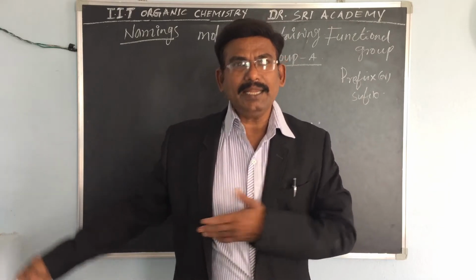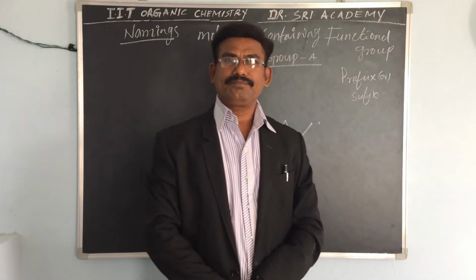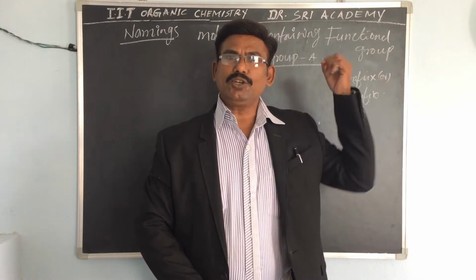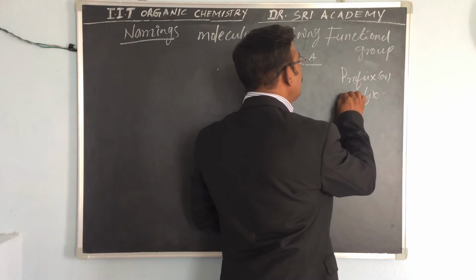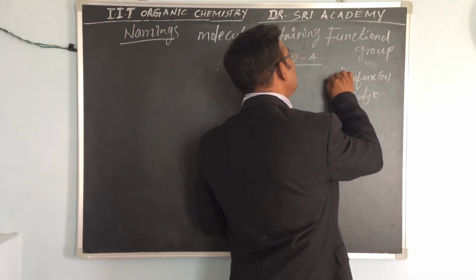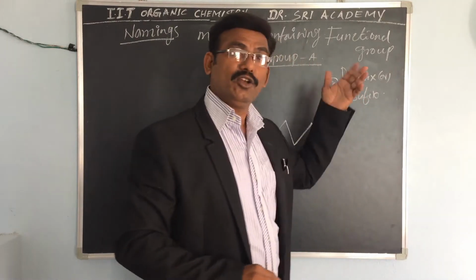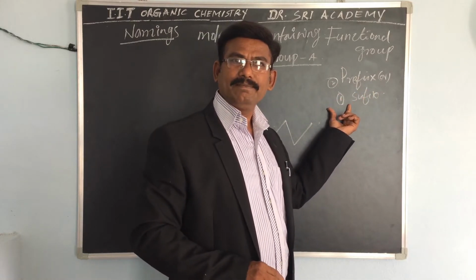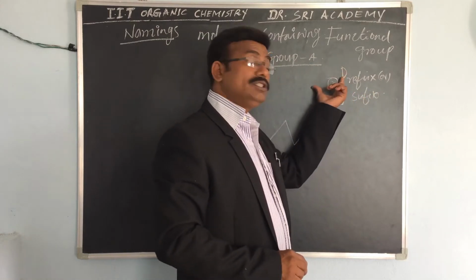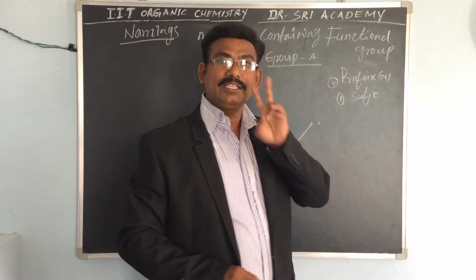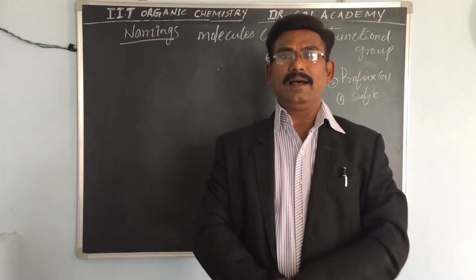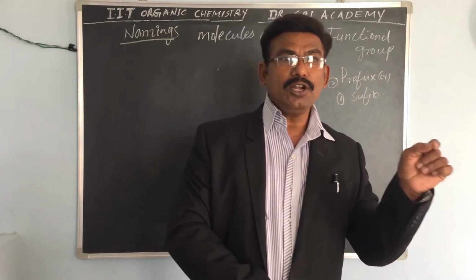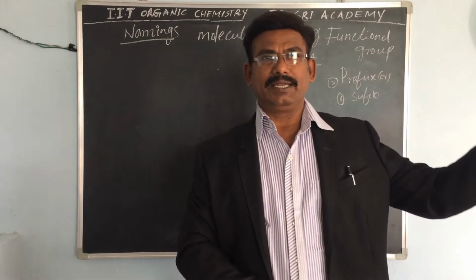The others are indicated by the prefix. Suffix is the first priority, and prefix is the second priority. The first group is the suffix, then the second functional group is the prefix. You have to remember these differences, with priority equivalent to any other substituent.